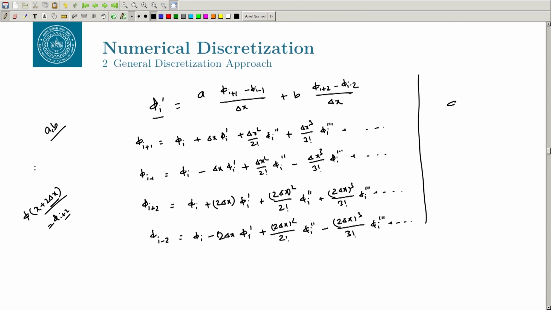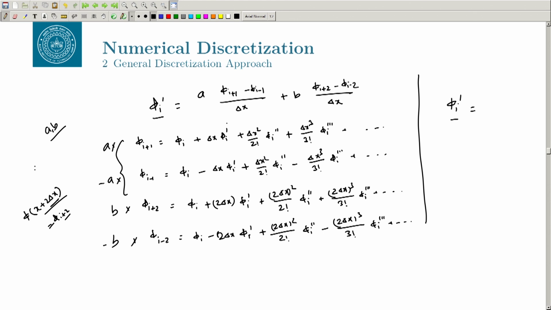One is phi i prime. This is multiplied by a, this is multiplied by minus a, this is multiplied by b and this is multiplied by minus b. So we are now trying to calculate the terms.